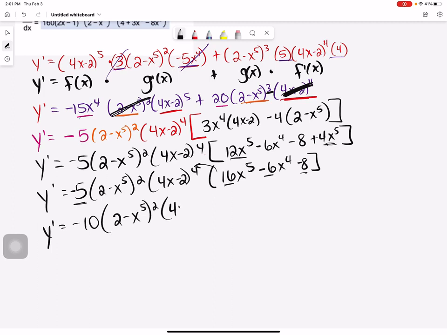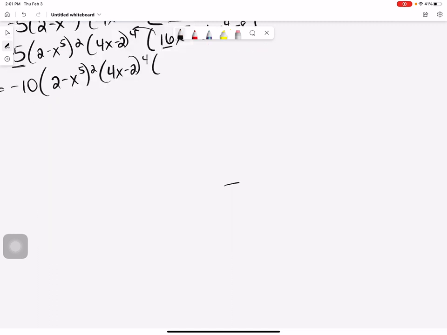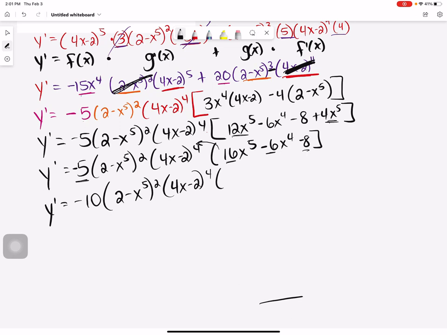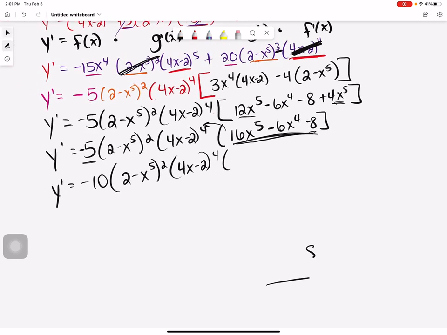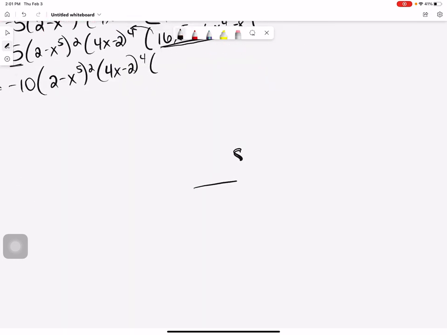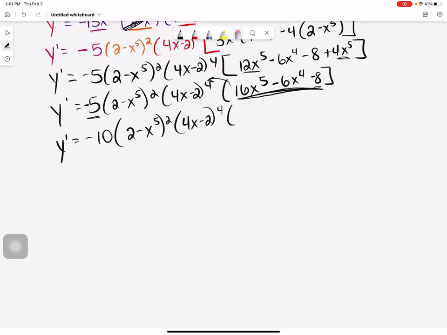I'm not changing anything with those other terms, but I am reducing all of the terms inside this bracket by dividing it by 2. So that would now be 8x to the 5th minus 3x to the 4th minus 4.